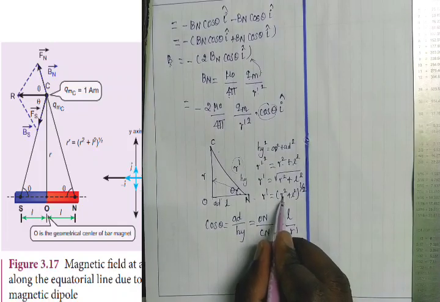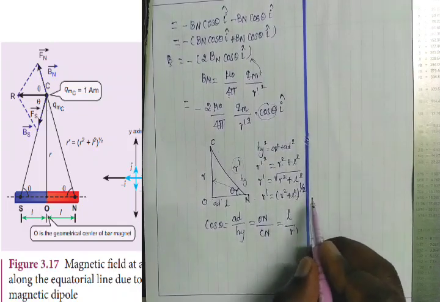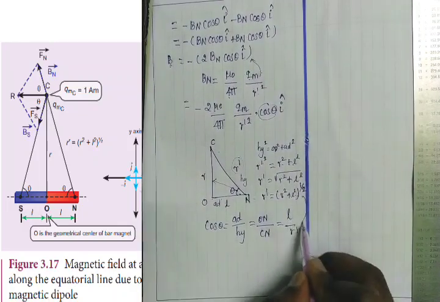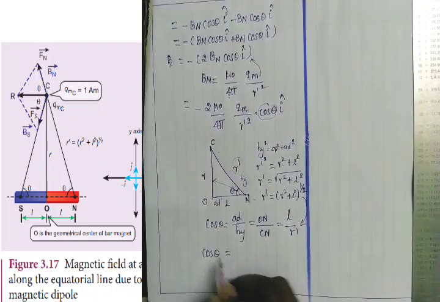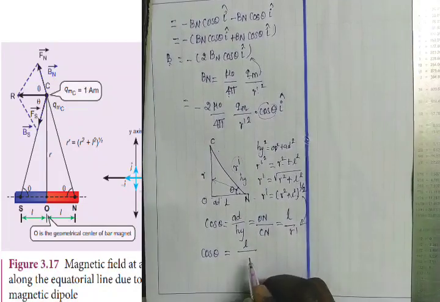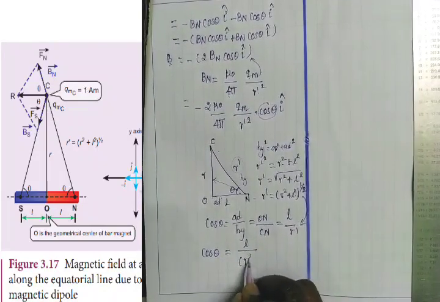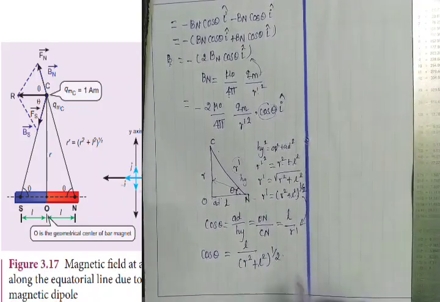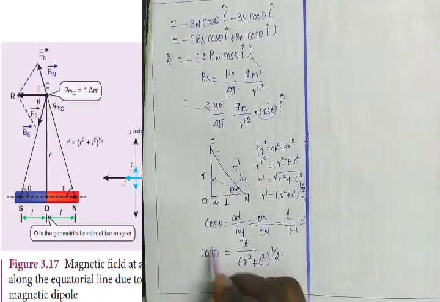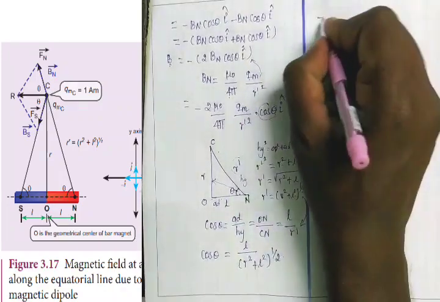We know the R dash value very well, R squared plus L squared whole power 1 by 2. So substitute R dash. Finally, cos theta is equal to L divided by (R squared plus L squared) power 1 by 2.